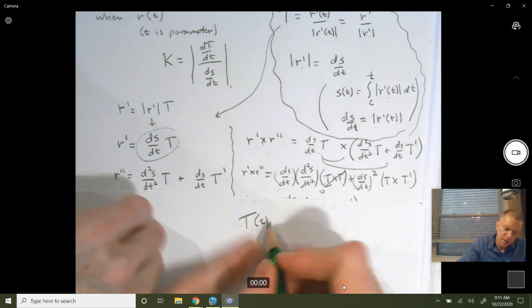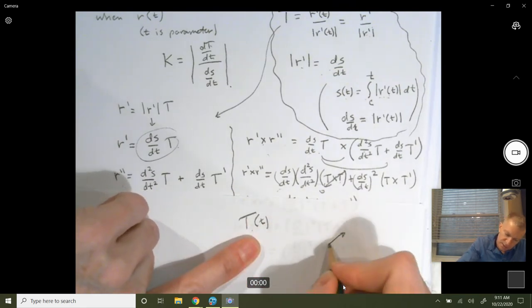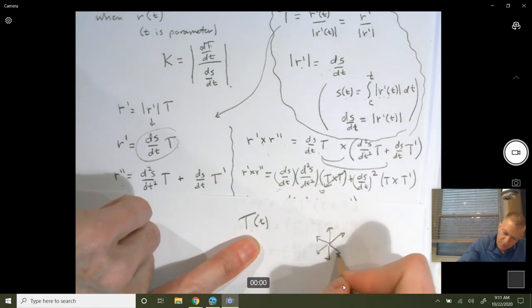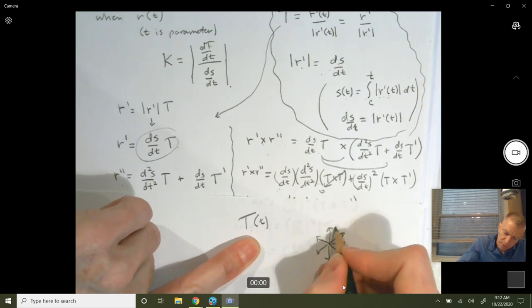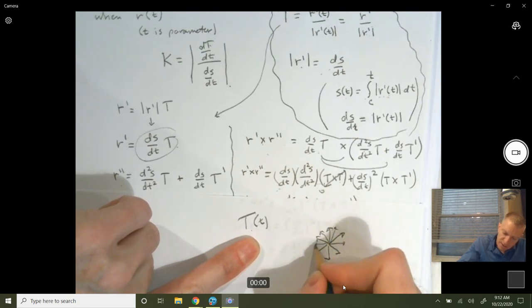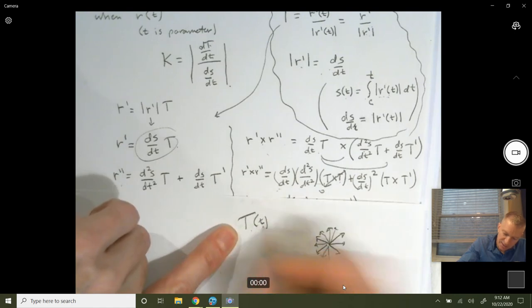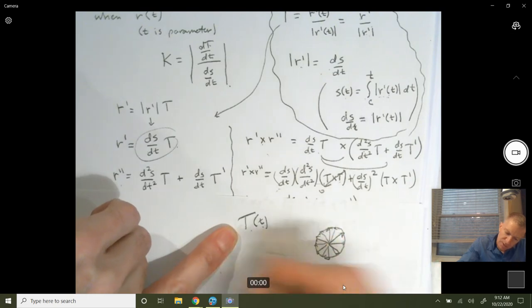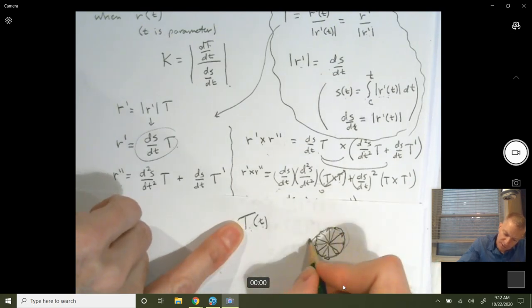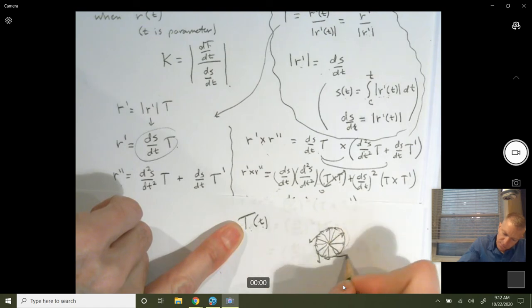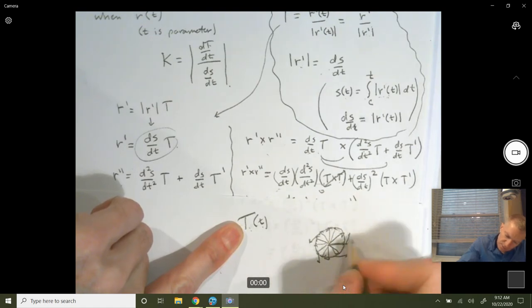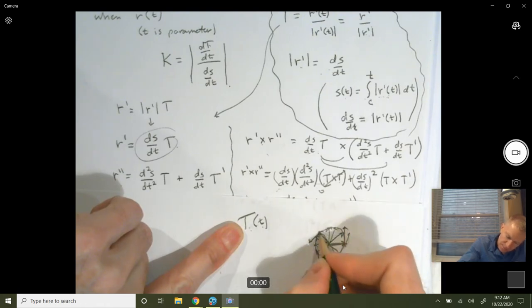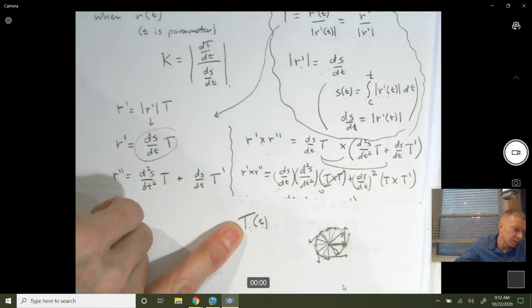You can think about it this way: if you have the set of all tangent vectors and you put them all starting in the same place, remember vectors you can position wherever you want, then t as a function of any t will make a circle. Now, if you take the derivative of anything on a circle, you get something that is perpendicular to the circle. So any one of these tangent vectors is going to be perpendicular to t prime. Okay, so those will always be perpendicular to each other.